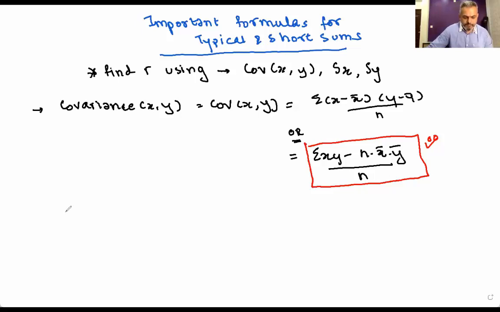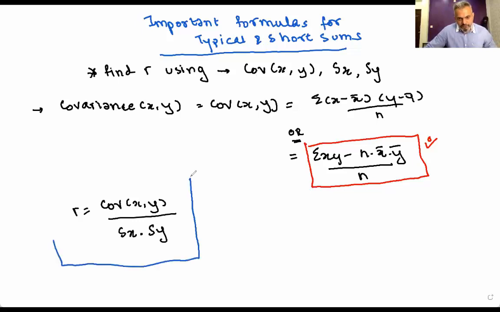Now you see, covariance we find using the first one or the second one. Many times in the exam, covariance may directly be given to you, so then you don't need to use the formula. Now r is equal to covariance x comma y upon standard deviation of x into standard deviation of y.